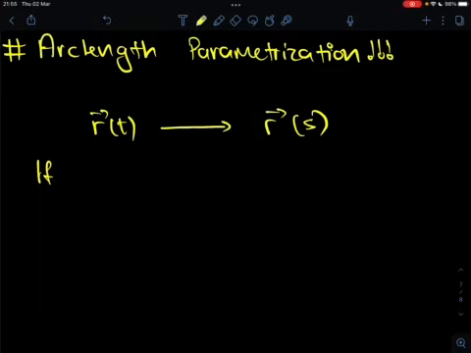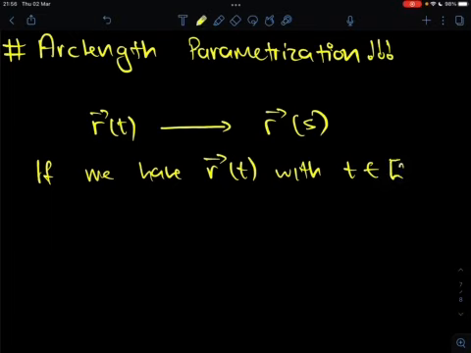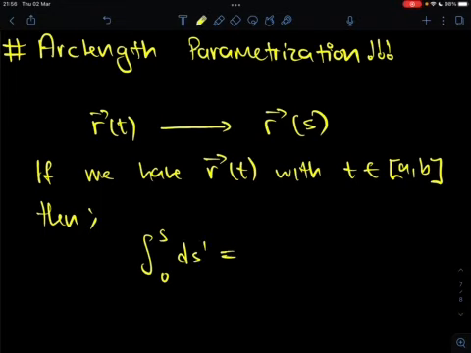If we have some position vector r of t with t ranging from a to b, then you should know that the following is true. So the integral from 0 to s of ds prime is the same thing as the integral from a to b of the magnitude of r prime of t dt, like that.